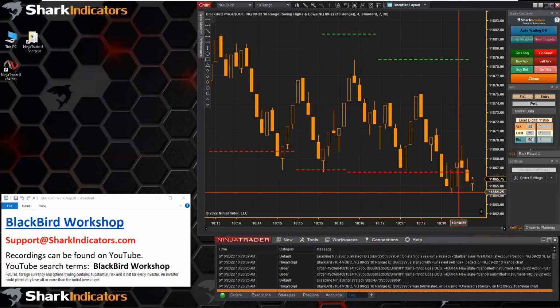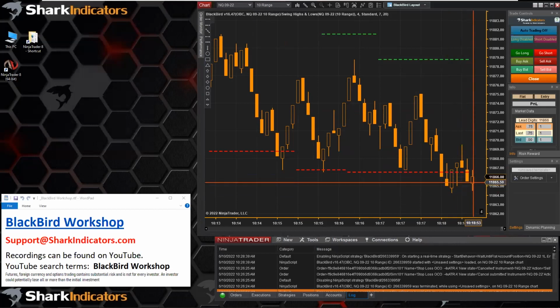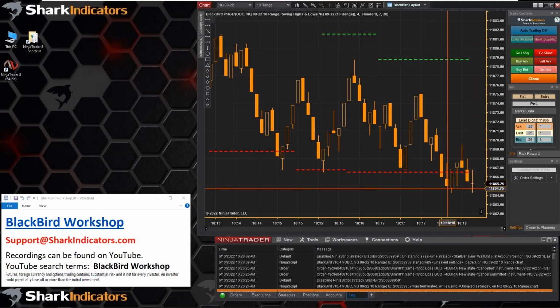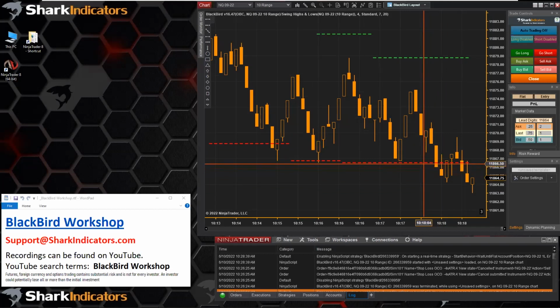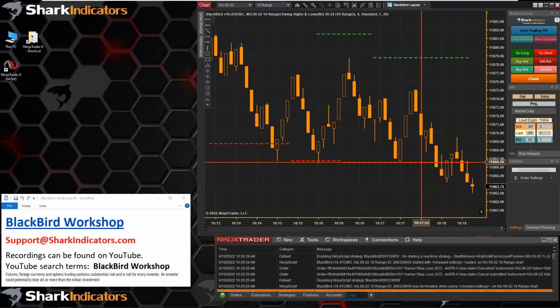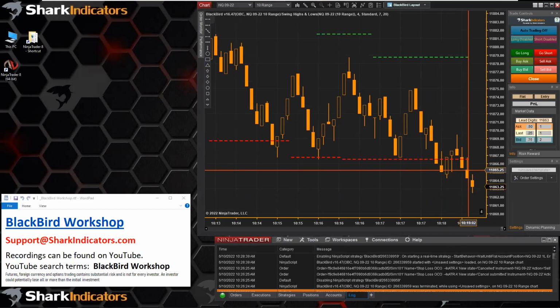So, yeah, here's a great example. Right now, I can't take a long trade because if I tried to place my stop loss on the swing low while the market's below it, that would be an invalid price for a stop loss on a long trade.